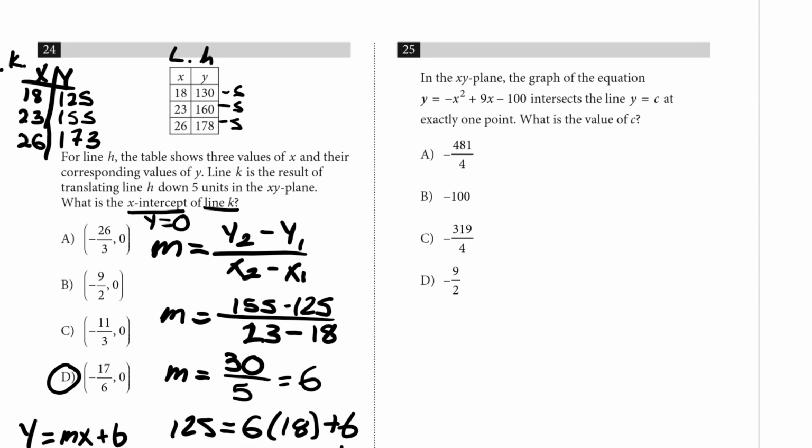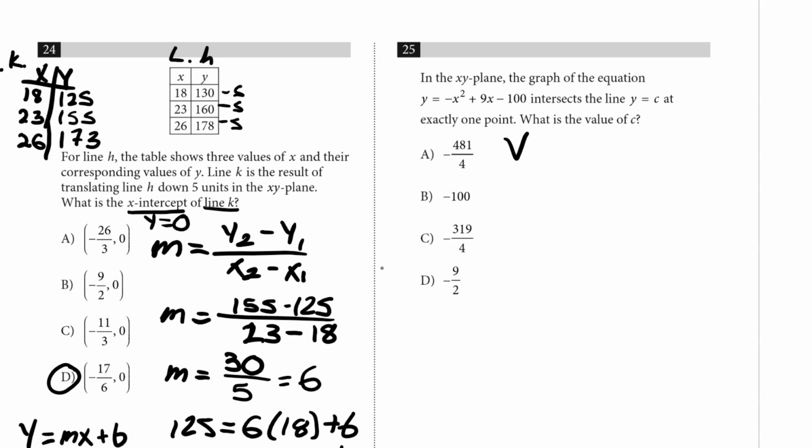Number 25. In the xy plane, the graph of the equation y equals negative x squared plus 9x minus 100 intersects the line y equals c at exactly one point. What is the value of c? What we need to do here is find the y portion of the vertex.